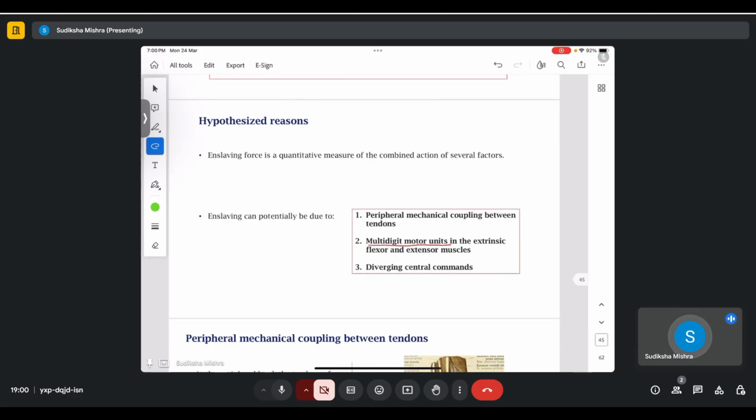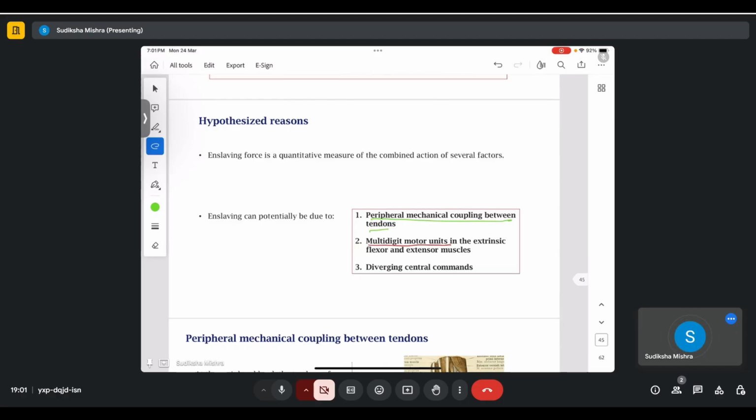Some of the hypothesized reasons are peripheral mechanical coupling between the tendons, which leads to varying shear between the tendons, and therefore the forces are transmitted to other phalanges as well. So essentially enslaving force is a quantitative measure. It can be because of various factors.